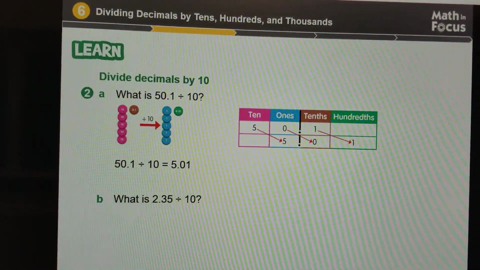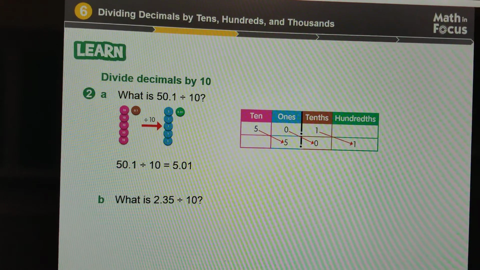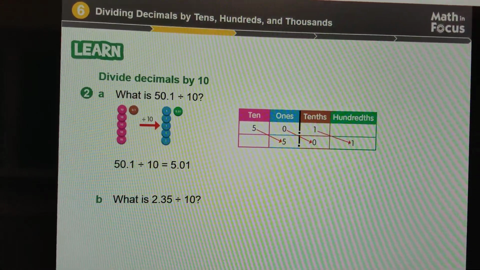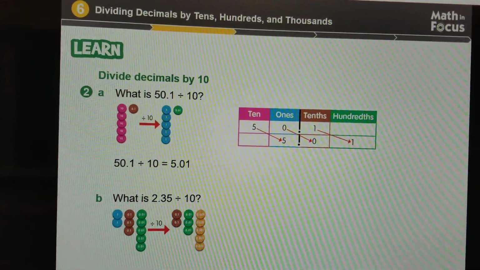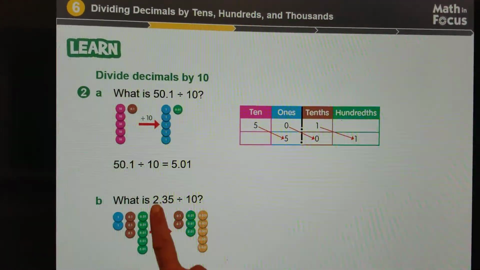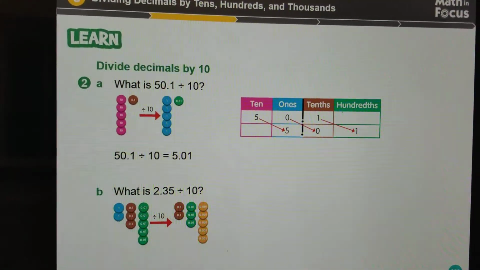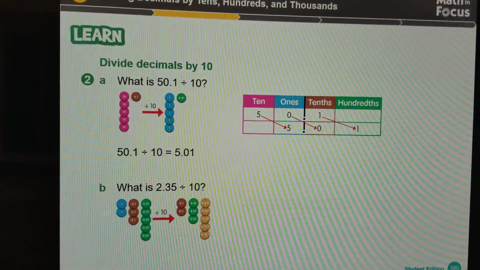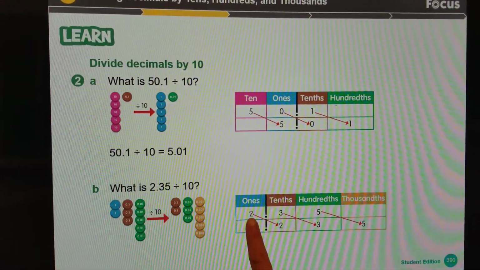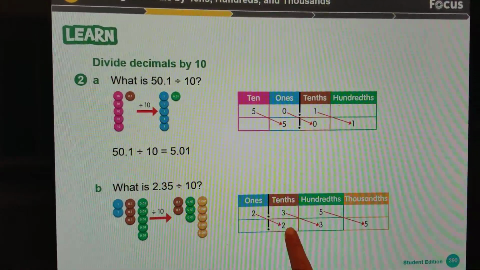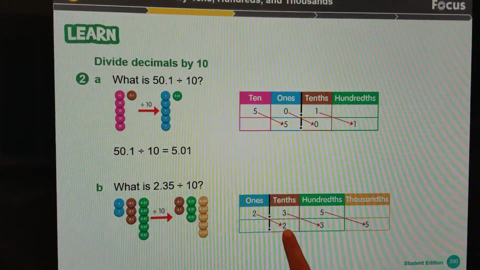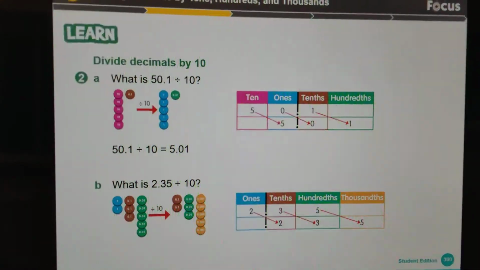Everything's going to become divided by 10, right? It'll become smaller. So the decimal place will be moving over to this side of the 2. So I'm going to show you. If I have 2.35 divided by 10, it becomes 10 times smaller. So it's 0.235. So I'm going to show you that on my board.